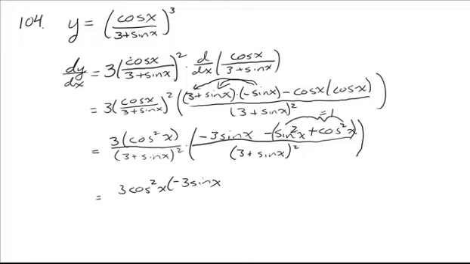And then we do have a minus 1 here because the Pythagorean identity is replacing that with a 1 and minus 1. And then in the denominator, because those are the same, the 3 plus sine x, we're going to have 3 plus sine x. Two things of the same base, when multiplied together, their exponents add. 2 plus 2 gives us to the 4th power, and there is our derivative.